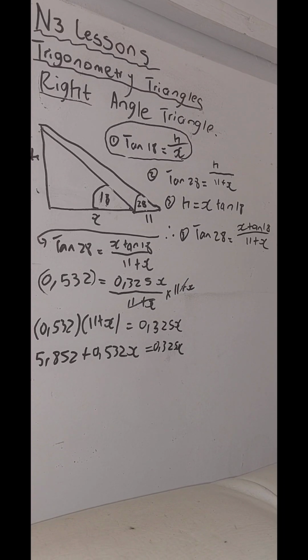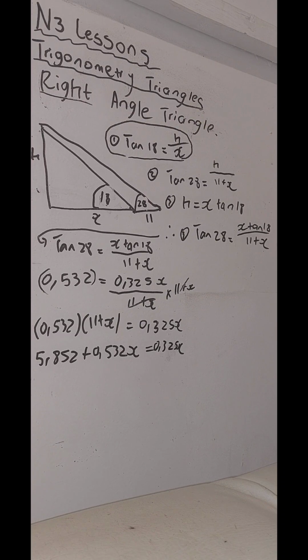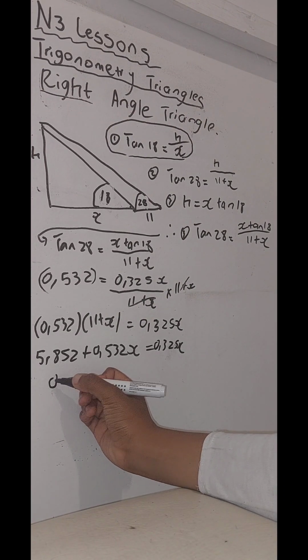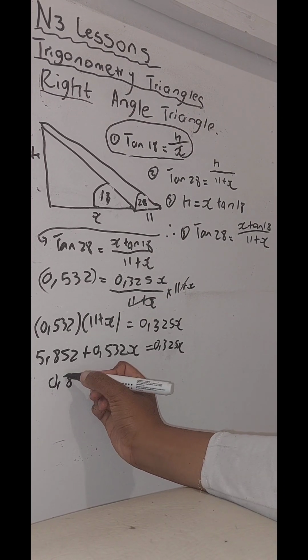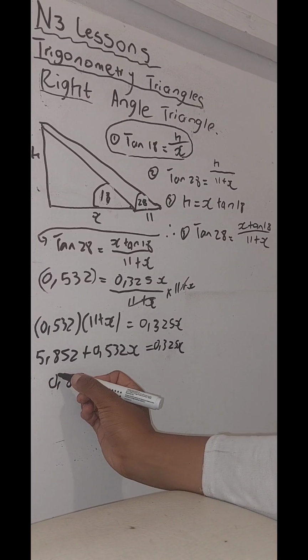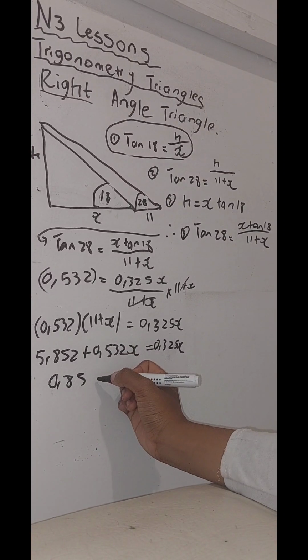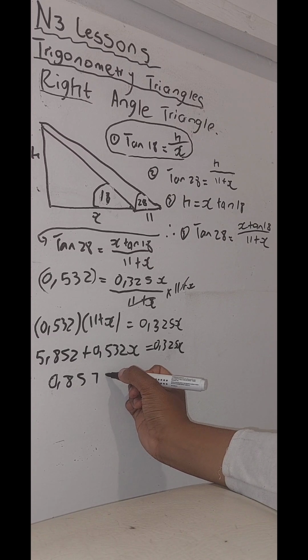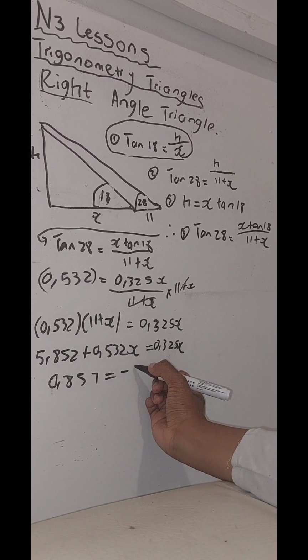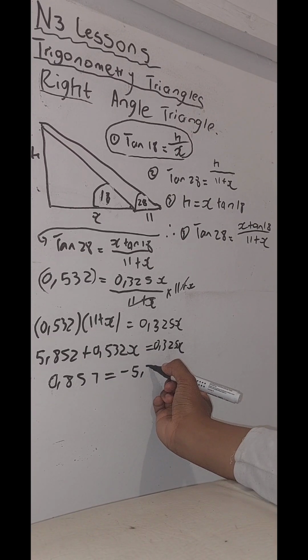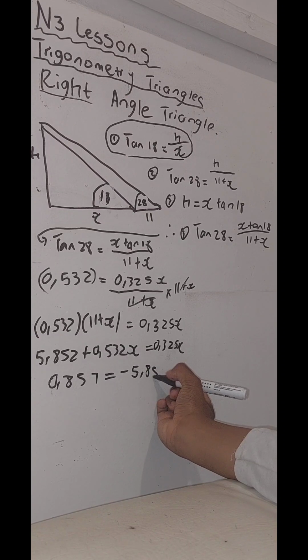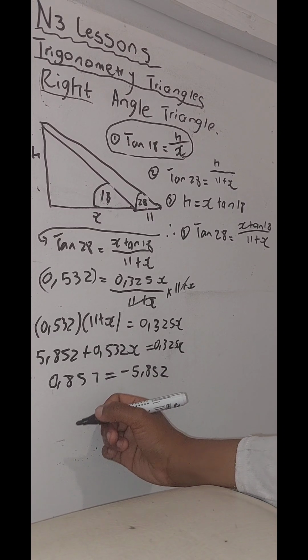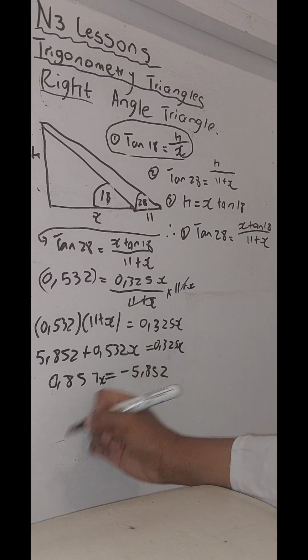I get my answer to be 0.857, which is equal to negative 5.852 x. Remember here, guys, it's x.